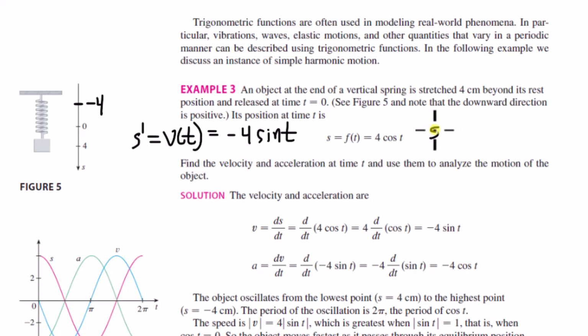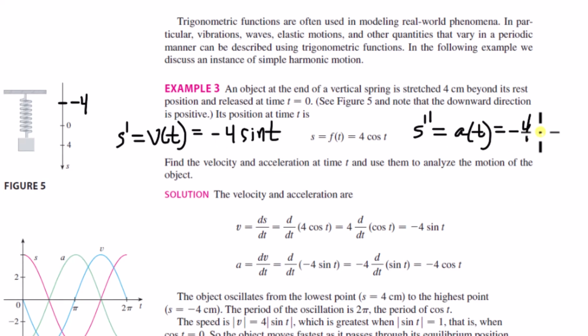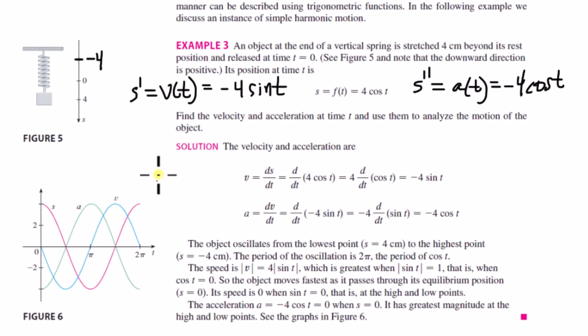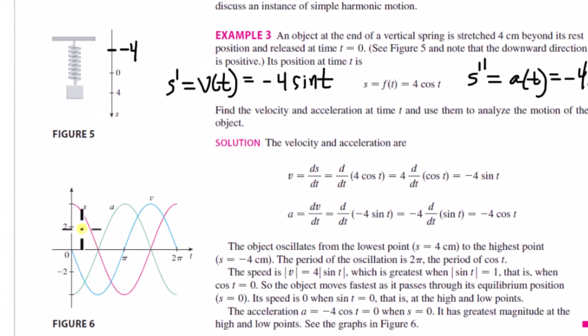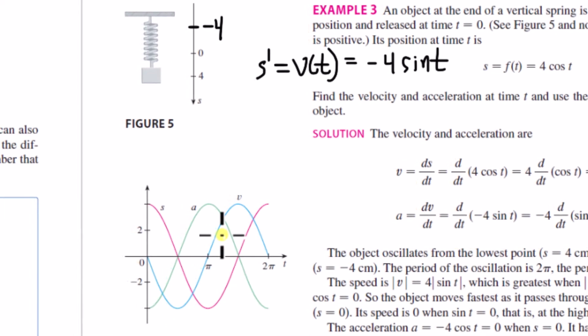Then s double prime is the acceleration, so you just take the derivative of s prime. The derivative of sine is cosine, so -4 cosine t. Here they plot the position, the velocity, and the acceleration: these 3 sinusoids with the same amplitude, but shifted relative to one another.